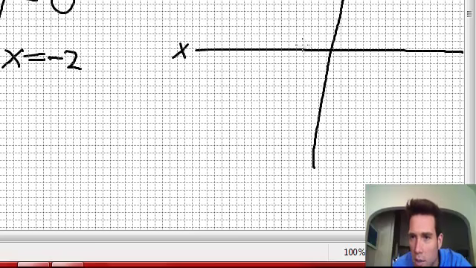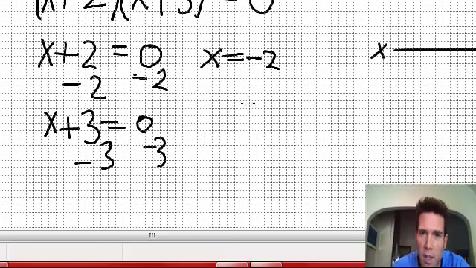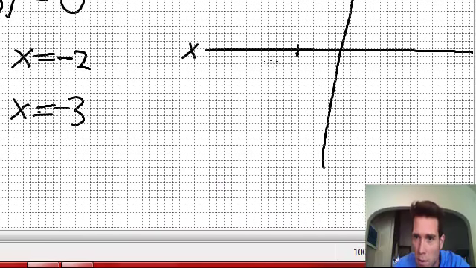So it crosses the x-axis at negative 2. We'll make a little tick mark there. And we do the same with x plus 3 equals 0. Subtract 3 from both sides, and we have x equals negative 3. So, come over to our graph and we'll say negative 3 is about right there.